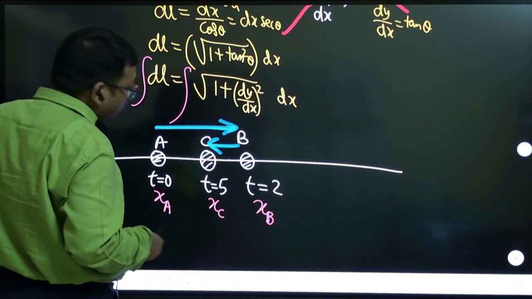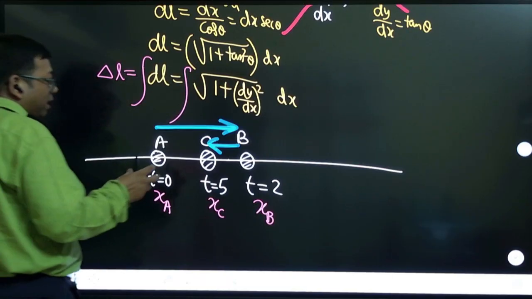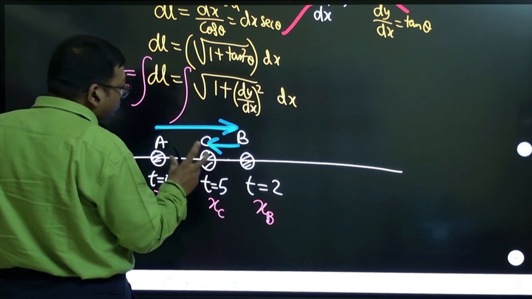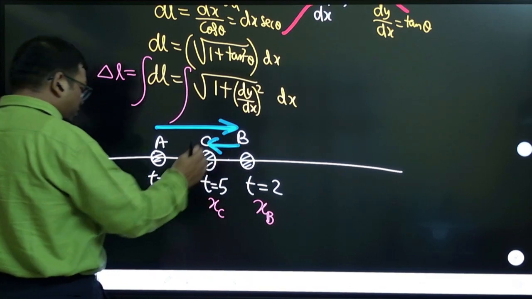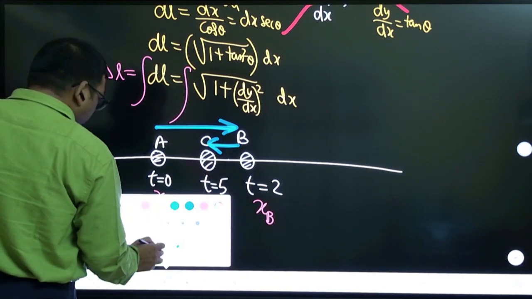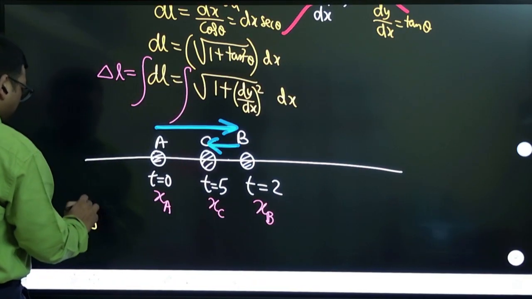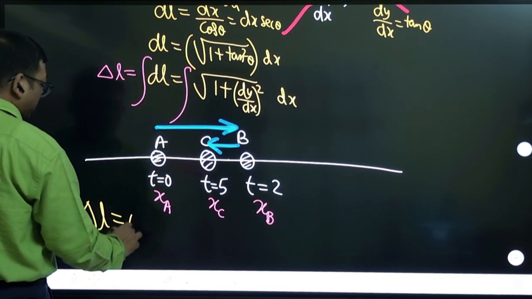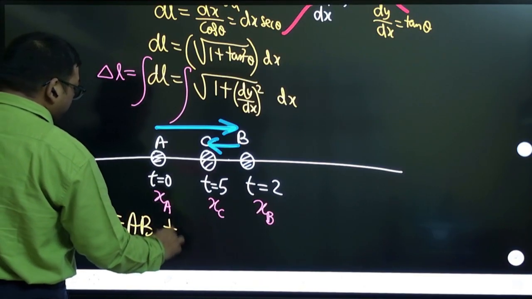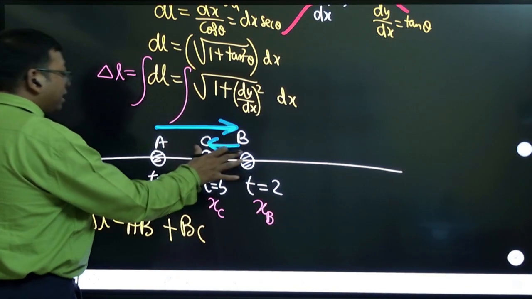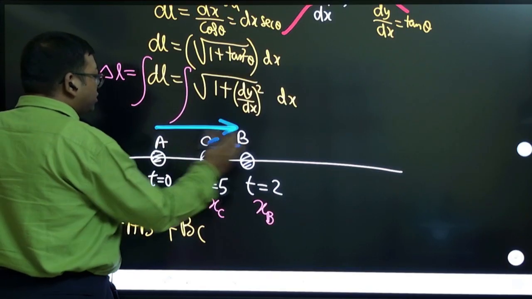But distance, how do you calculate? To calculate distance, you need to break this motion into A to B and B to C. So to calculate distance delta L, you have to measure AB plus BC, because it is the length of motion, how much it is moving.